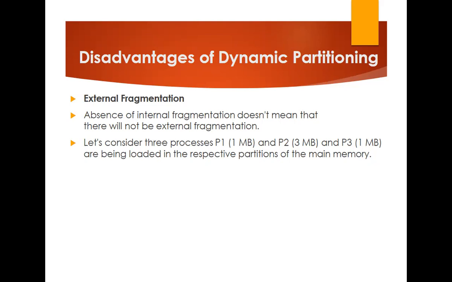Then process 2 comes, say 6 megabytes, so it will create a 6 megabyte partition. Of course, this is dynamic partition. So we still have 11 megabytes of space. Let's say process 3 came, 10 megabytes, so it will fit here.